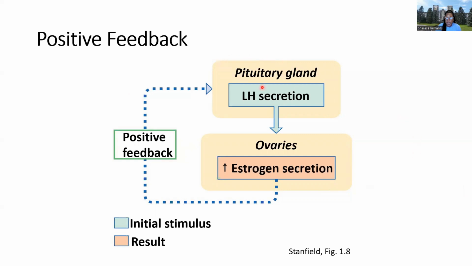So we have the pituitary gland in the brain secreting luteinizing hormone, that acting on the ovaries to increase estrogen secretion. And then guess what? Estrogen secretion is also going to go back and increase luteinizing hormone release from the pituitary gland. This is only going to happen for a very short period in the monthly menstrual cycle. And then it's going to be reconverted to a negative feedback whereby estrogen will decrease luteinizing hormone secretion.